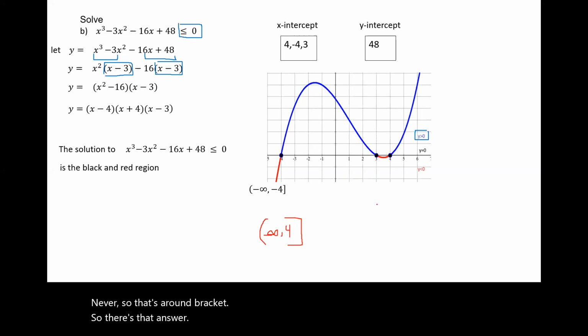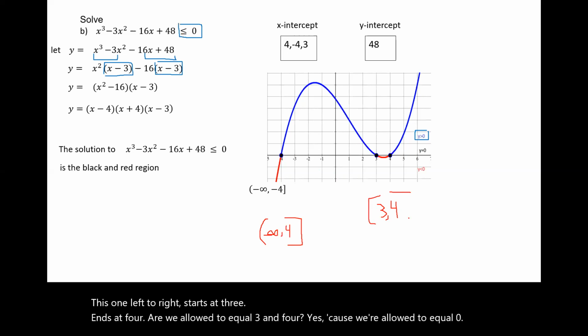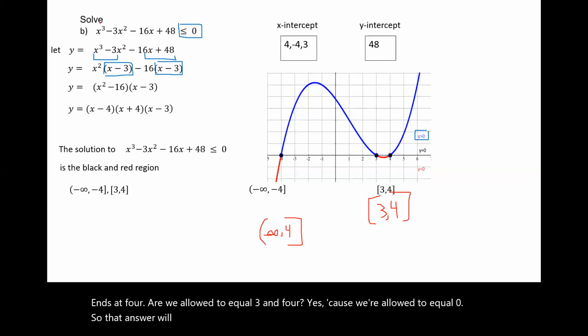This one, left to right, starts at 3, ends at 4. Are we allowed to equal 3 and 4? Yes, because we're allowed to equal 0. So that answer will describe the regions where this expression is going to be less than or equal to 0.